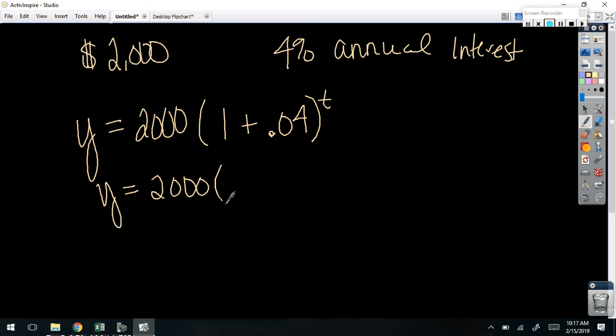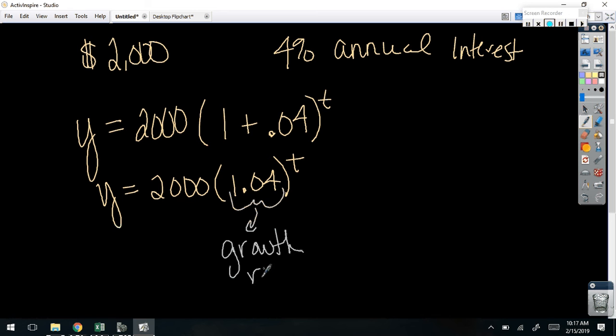So I do want you to go ahead and add these two things together. Once you add them, this is called your growth rate. They might ask you that a couple of times. They might say, what's the growth rate?